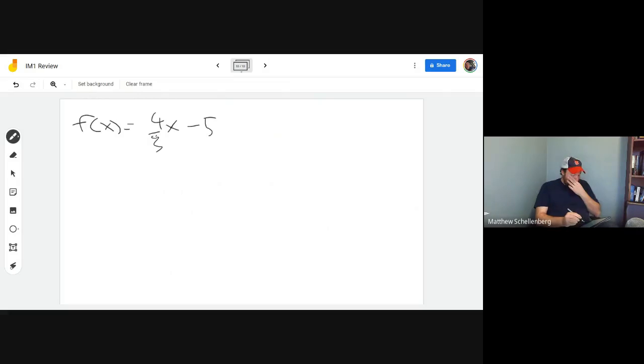And they want to know at what point this equals 3. So find the x value where f of x equals 3.